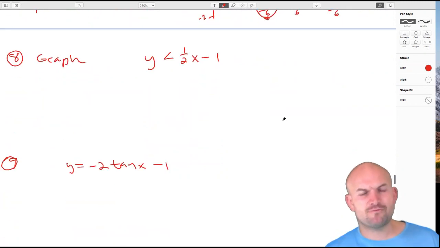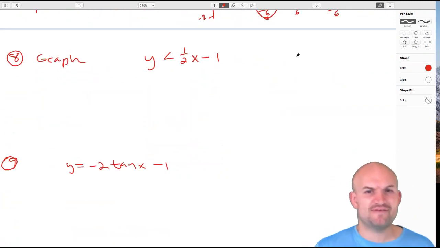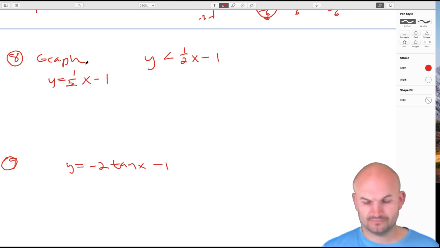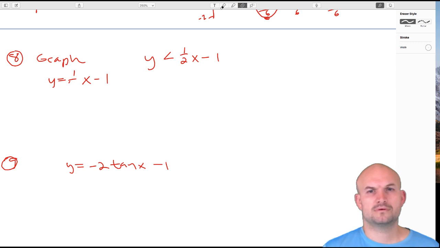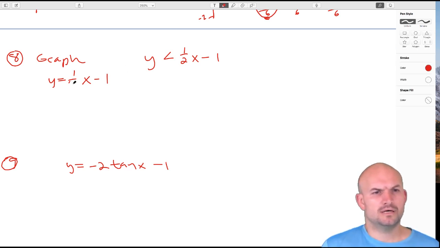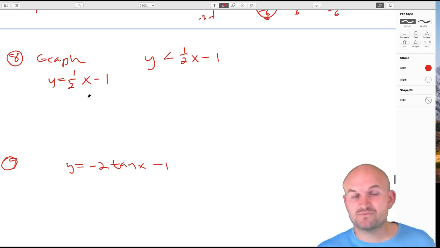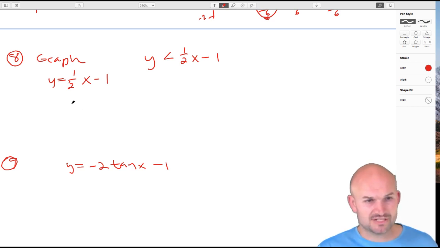The next one: graph y equals 1/2 x minus 1. To do this, we need to know how to graph the line y equals 1/2 x minus 1. That is just going to be a line.